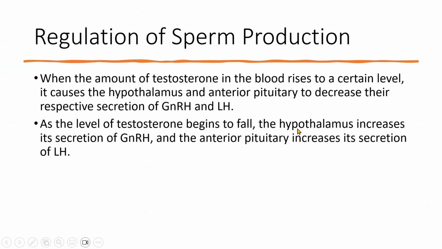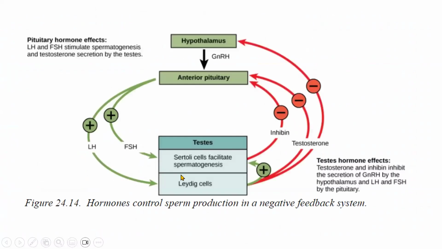LH, and FSH. So this is the map. In the beginning, we have the hypothalamus secreting the GnRH, triggering the anterior pituitary to release the FSH and the LH. FSH is going to facilitate spermatogenesis. LH is going to stimulate, they call it the Leydig cells, but earlier we said the interstitial cells, right?